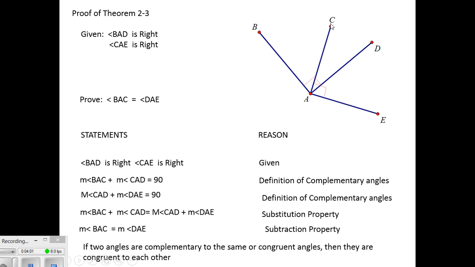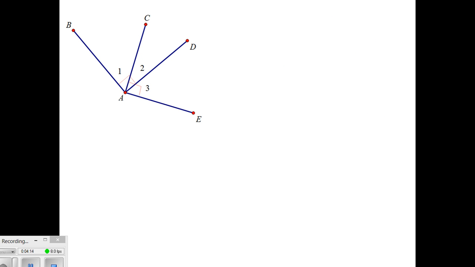EAD was complementary to CAD. So therefore, the two angles were congruent to each other. And now, we're going to use that statement in this proof, okay? Well, we're going to write this as a proof.